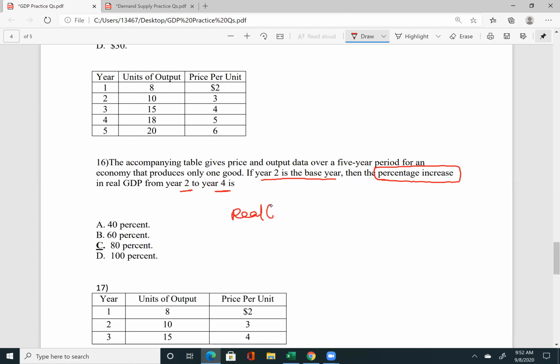I'm going to calculate the real GDP in year 2 and then calculate the real GDP in year 4. So year 2 is my base year here. The real GDP in year 2 is equal to $3 times 10, because I'm also taking year 2 quantity.